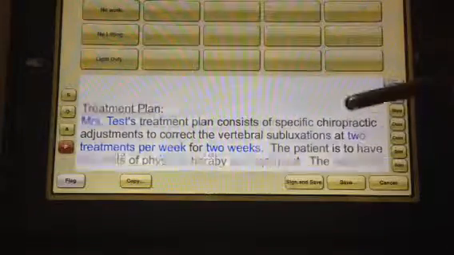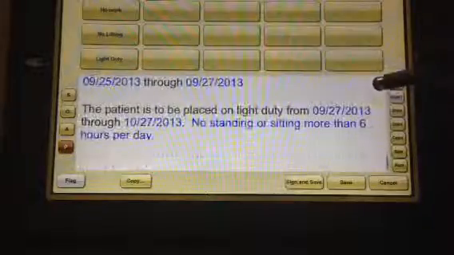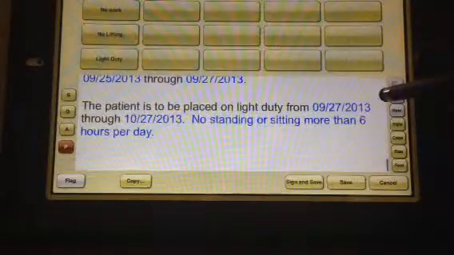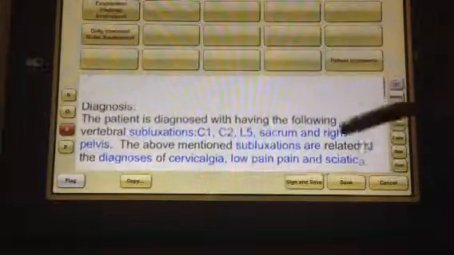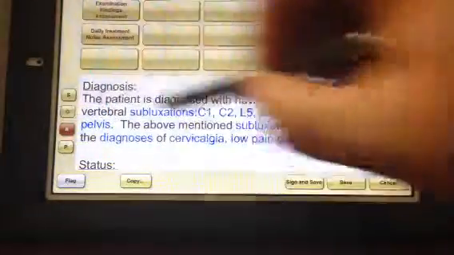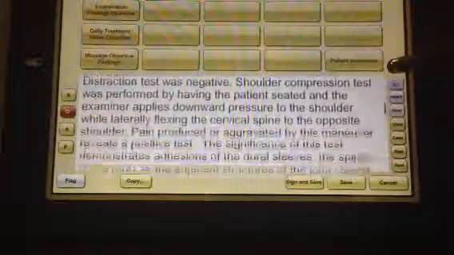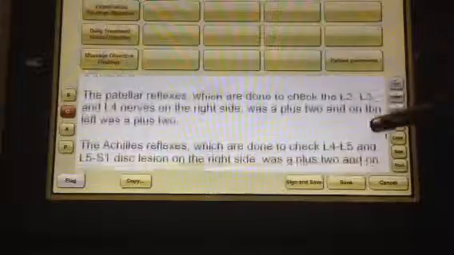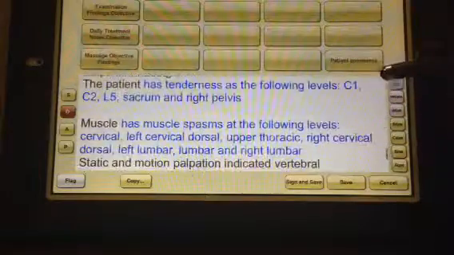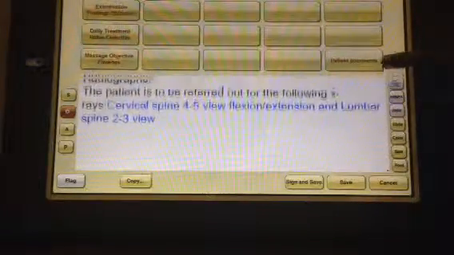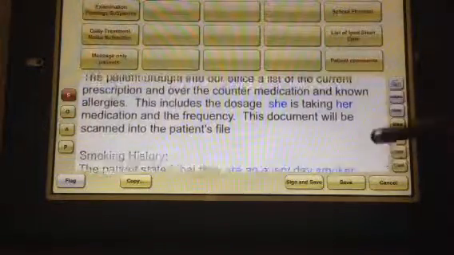And that's it. So we have a treatment plan, we have the treatment notes, we have what was adjusted, we have why we adjust them, we have work excused, no work, we have light duty, we have our analytical findings as our prognosis, our status, our diagnosis, we have our objective findings as being his gait, the patient's vital signs, his review of systems, his orthopedic test, his reflexes, didn't do any muscle testing on him, his visual range of motion, where the pain was, his palpation findings, where the muscle spasms were, what we're sending him out for x-rays, and then again under his subjective findings, smoking history, we have his medication.